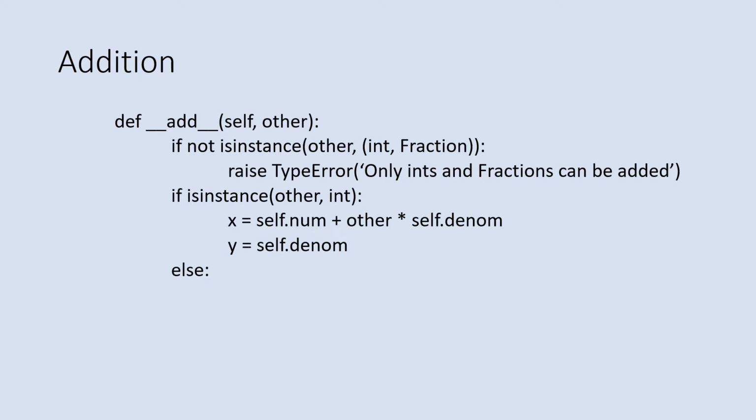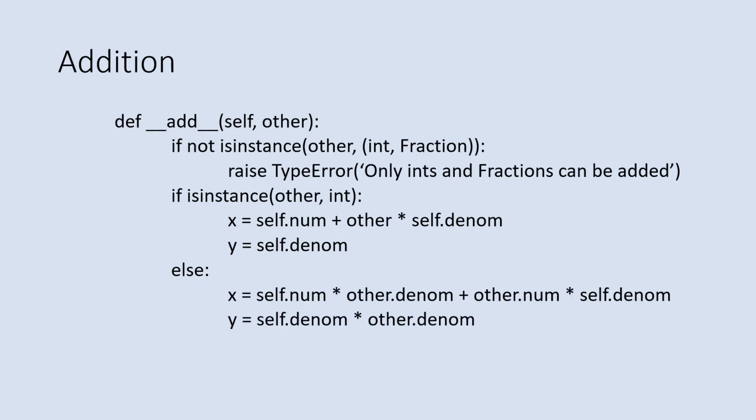But now we have an else that says, okay, if we didn't have an int or a fraction, then we've raised a type error and we break out and it doesn't go any further. If we have an int, we've described what to do at this point. We're calculating a numerator and a denominator. And so the else case is covering the situation of if the other thing is a fraction.